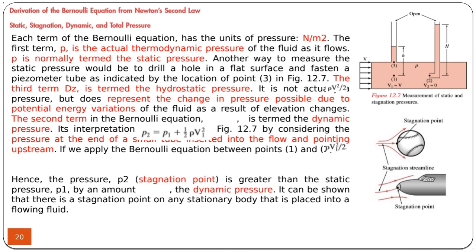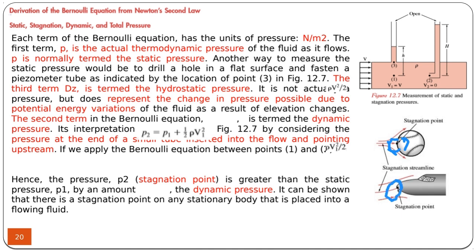First of all, we have to understand what stagnation point is. Stagnation point is where the flow comes to a stop. For instance, if you take a look at this baseball, right in the nose of the baseball, the flow comes to a stop, right? Or at the tip of the airplane, the flow comes to a stop.